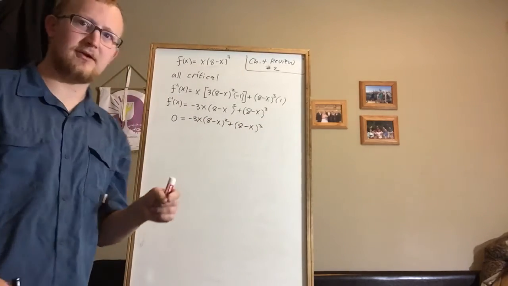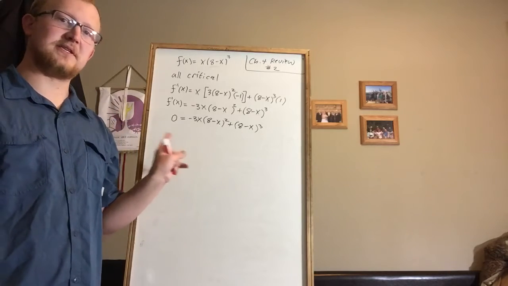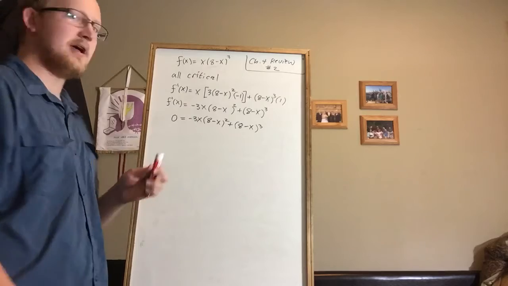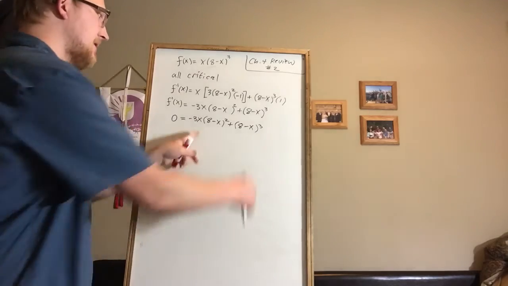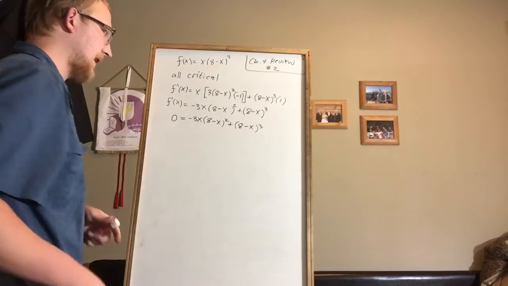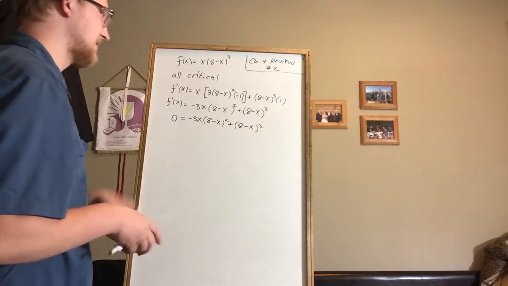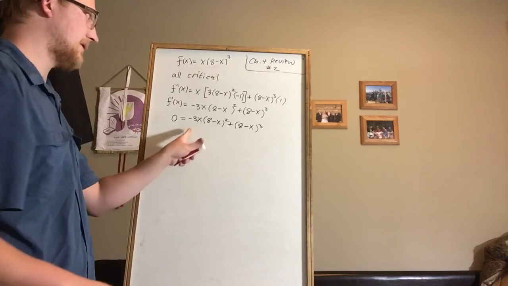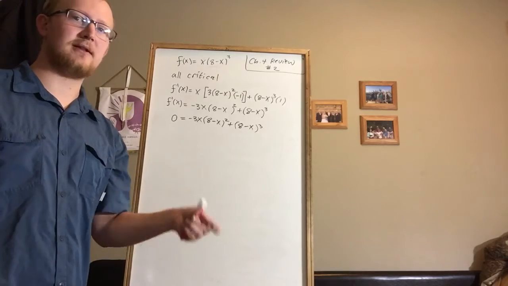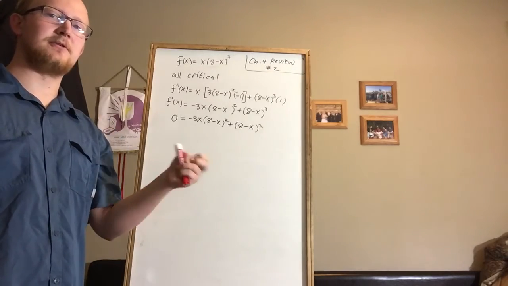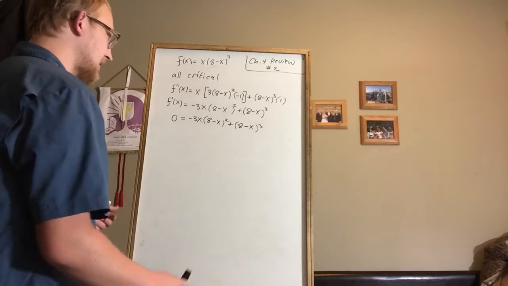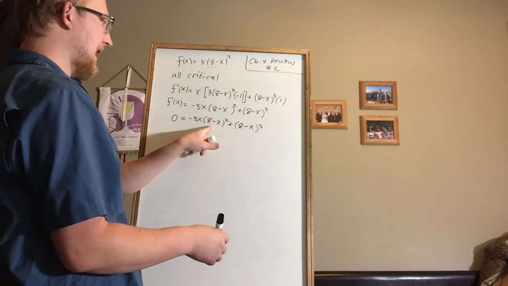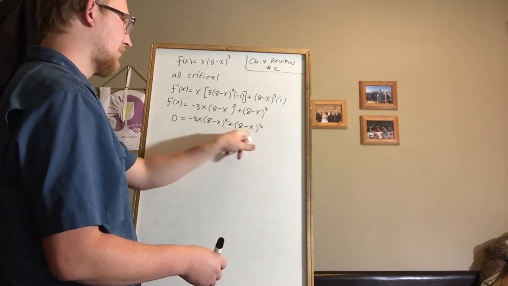The important part here is to not destroy anything with the 0. For example, you could destroy everything with the 0, but you may lose some information. In other words, we could divide by 8 minus x squared and destroy it on 0. Sometimes that'll work, but sometimes it won't. So it's important to realize that when you algebraically manipulate something, sometimes you'll lose information when we destroy something with 0. So what I'm going to do is factor out an 8 minus x squared from both of these terms.